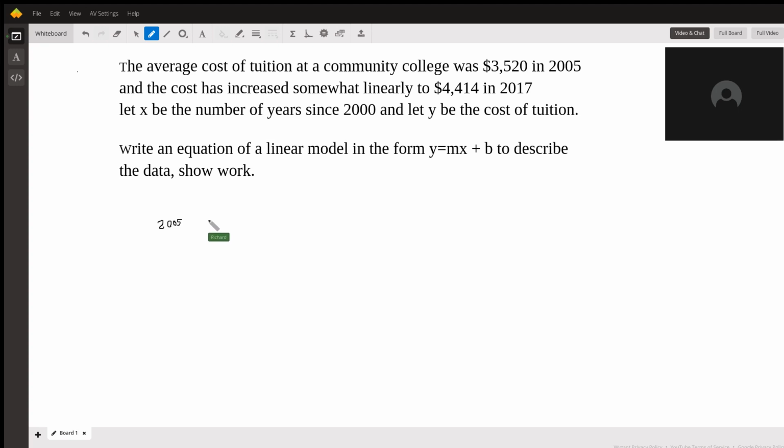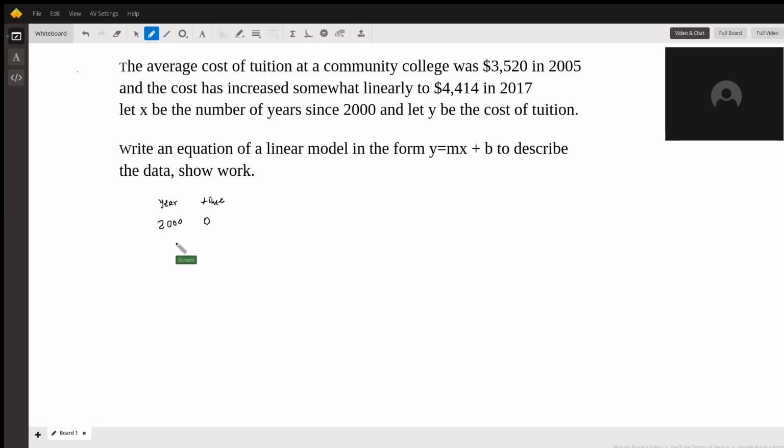So I'll just put the year here and then time here. So we're going to use x. We're supposed to use x for years since 2000. Oh, since 2000, sorry. Okay, my apologies. So the year 2000 is going to be 0.